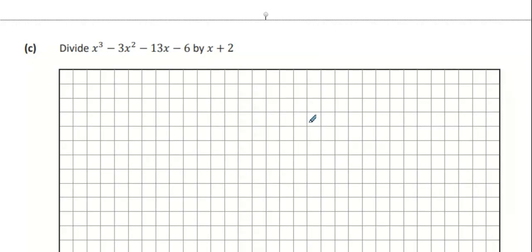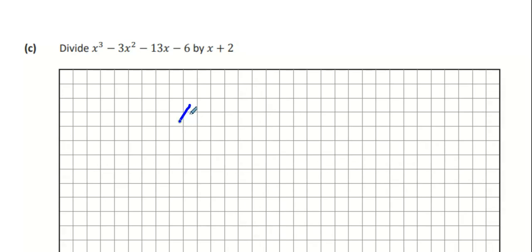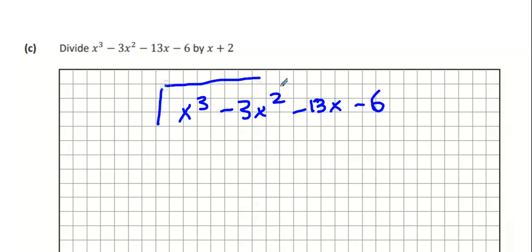Part C. To the second years revising this at home, this will not be on your Christmas test. All right. So, x cubed minus 3x squared minus 13x minus 6, all divided by x plus 2. Divided in x cubed divided by x squared.